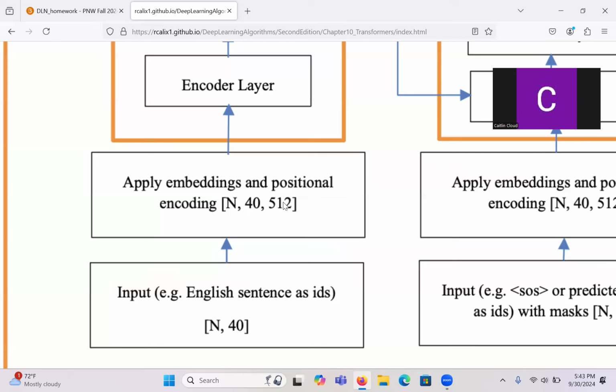The positional encoding is actually very similar. You have two of these tensors, right? It's going to be n by 40 by 512 plus n by 40 by 512. One is the embedding of the actual word, and the other one is going to be the embedding of the position. Because 40 is also the order. So now instead of having 17, 3, 23, what do you have? 1, 2, 3, 4, 5, all the way to 40.